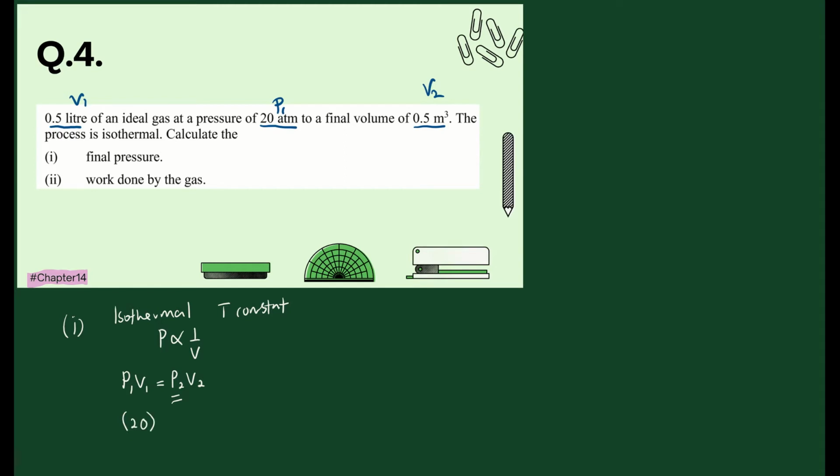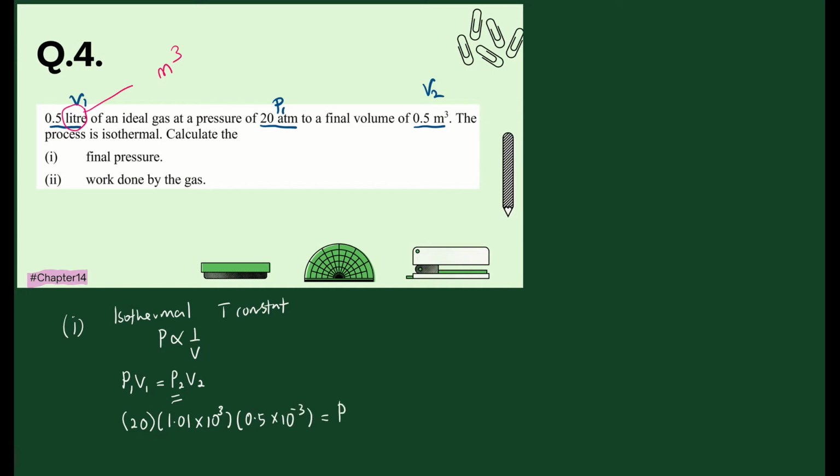And again, to be safe, we just convert all values into SI unit. It is not wrong in this case if you don't convert, but in physics it is safe to convert into SI unit. Our V1 is in liter, so we need to convert into meter cube. 1 liter is equal to 1 times 10 to minus 3 meter cube.